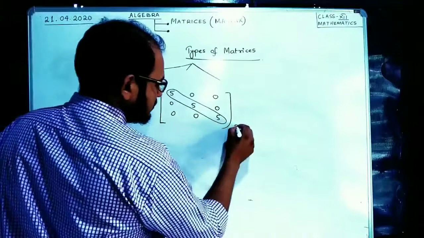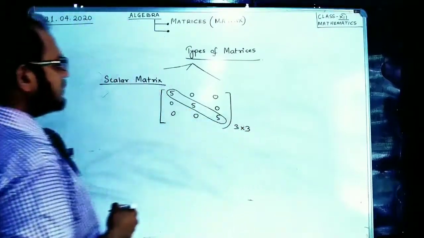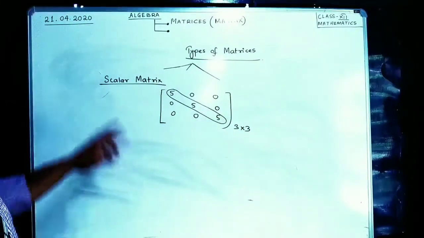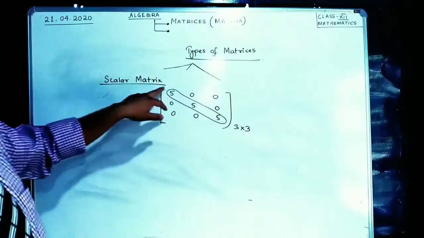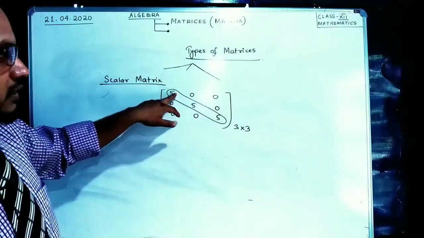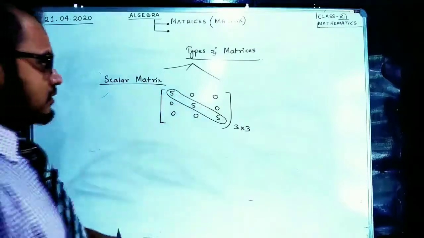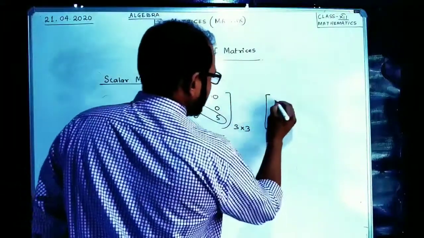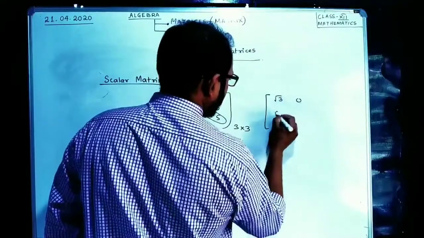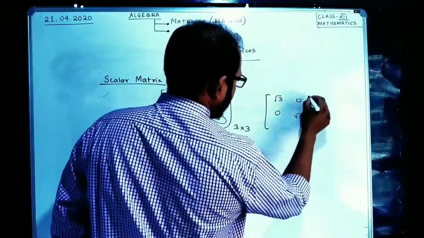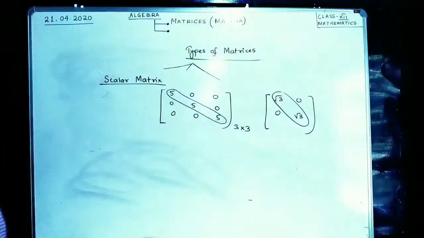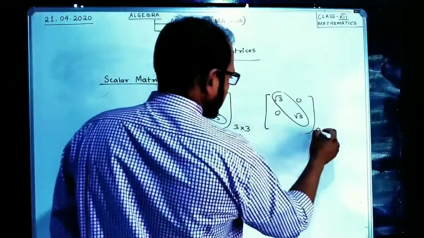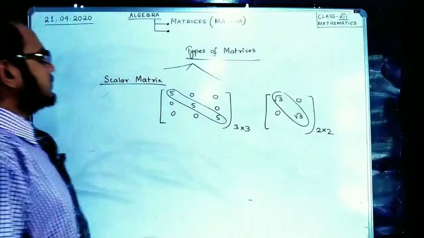So this is obviously a 3 by 3 square matrix, and it's also a diagonal matrix because all the elements are 0 outside the diagonal, and it's also a scalar matrix because the diagonal elements are all the same. This is another one, square root 3, 0, 0, square root 3, because the diagonal here is the same, square root 3, a 2 by 2 scalar matrix.